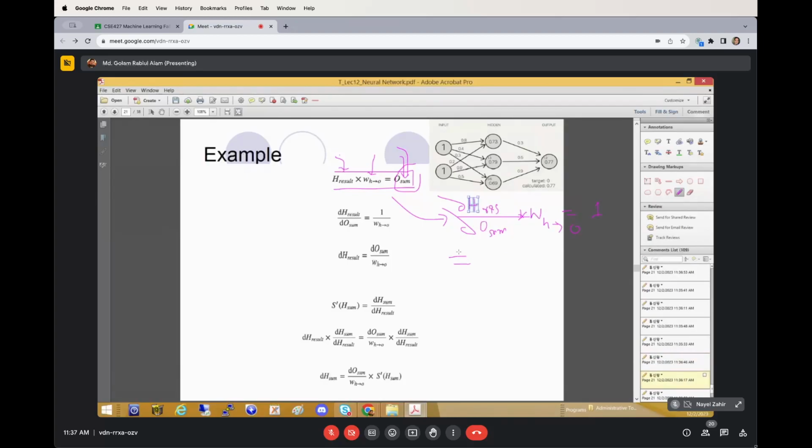Then delta hidden results divided by delta output sum equals 1 by WHO.